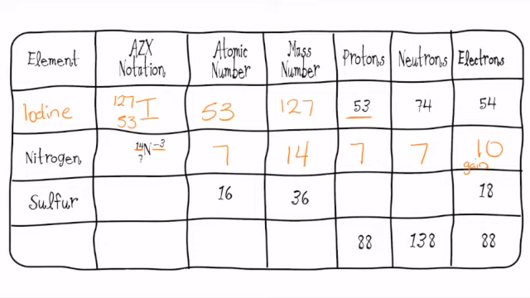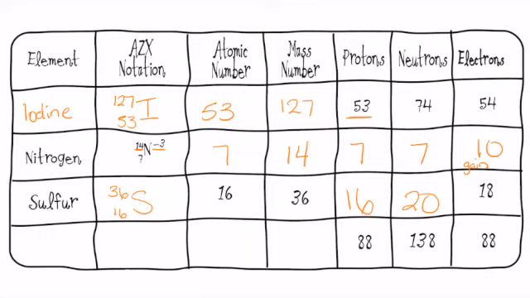The next one is sulfur. So we know the atomic number is 16. So we have 16 protons. Our neutrons are our mass number minus our protons. So that's 20. The symbol for sulfur is an S. We know the atomic number is 16. The mass number is 36.